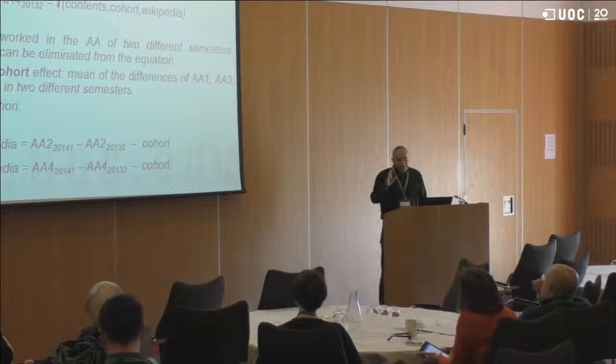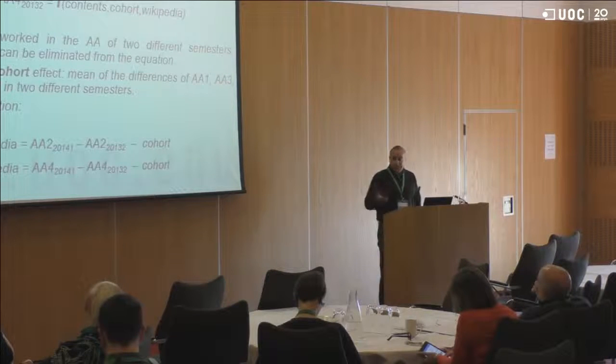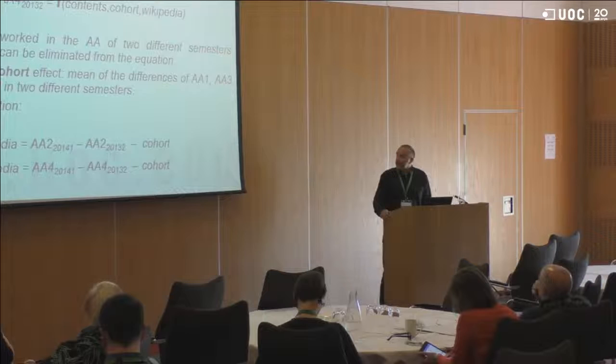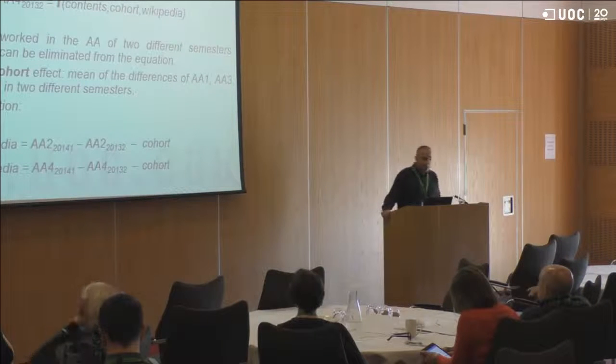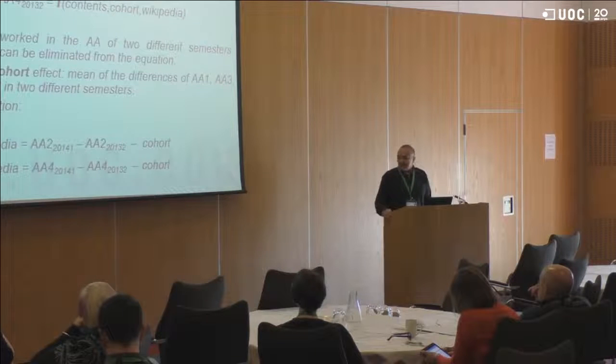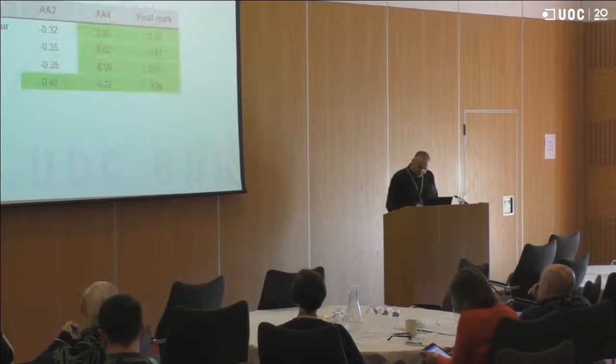So we just have the differences due to the cohort effect. We estimate this effect through these assessments, and finally the net effect of Wikipedia can be estimated just by subtracting this cohort effect.